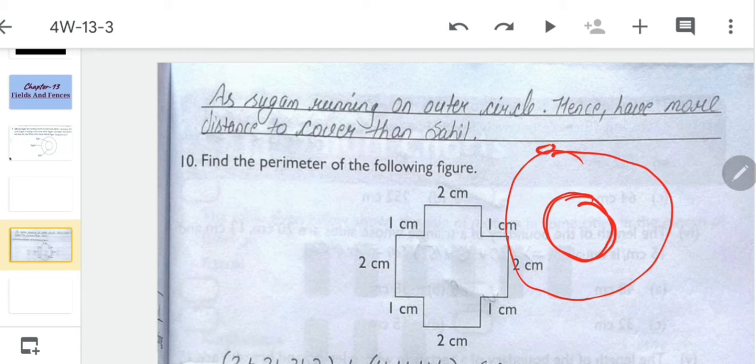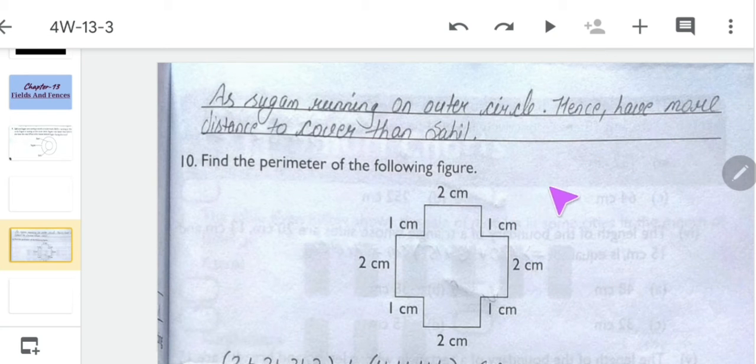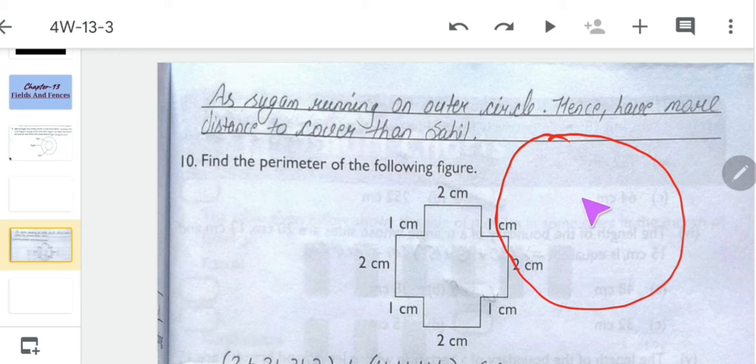You can see that this distance is larger than this inner one. That is why Sagun, who is running on the outer circle, though faster than Sahil, who is running on the inner circle, still loses the race because she has to run more distance than Sahil.